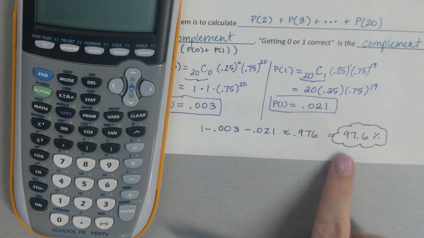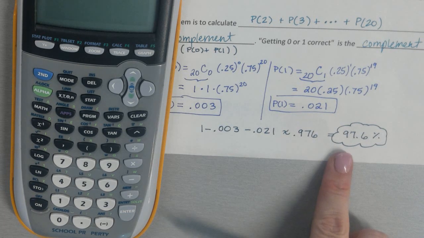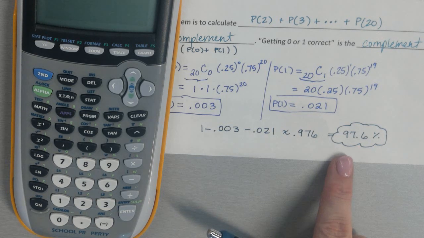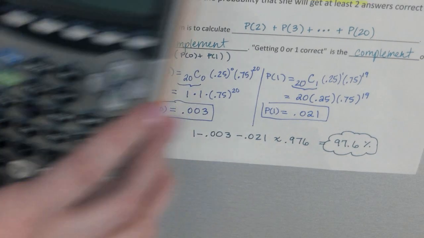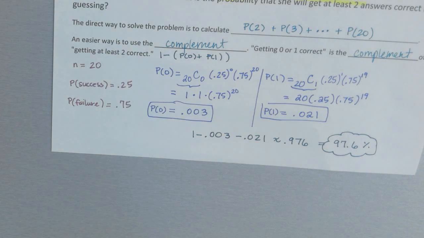So it's a pretty high value that if you randomly guessed, if there were 20 questions, there's a high chance you would get at least 2 correct. Now, 2 out of 20 is 10%, right? Why isn't the probability 100%? 2 out of 5 isn't that much better, you're still failing.